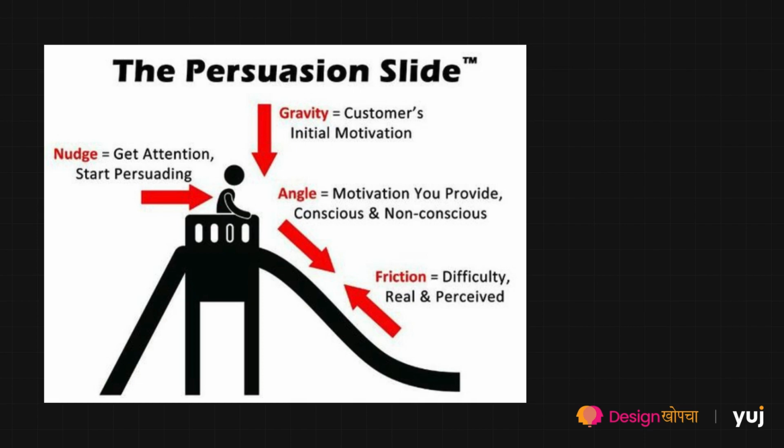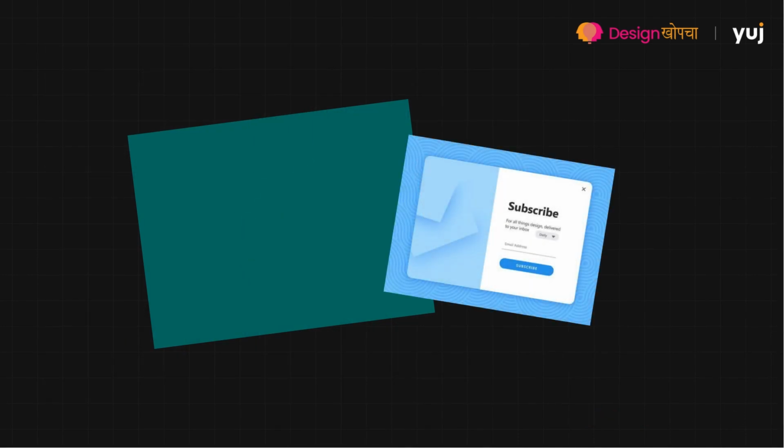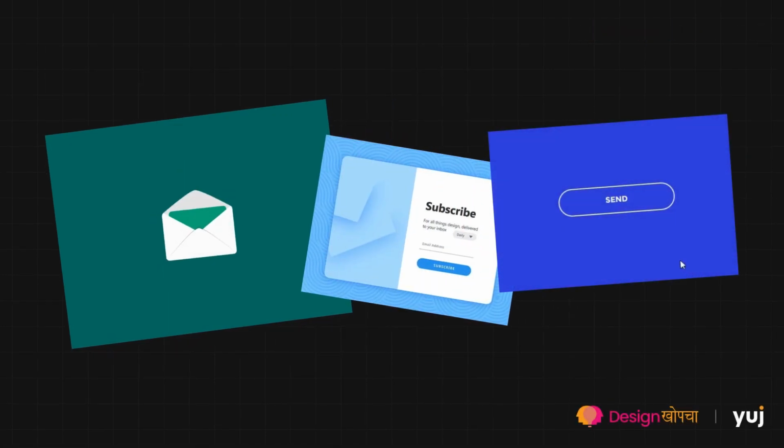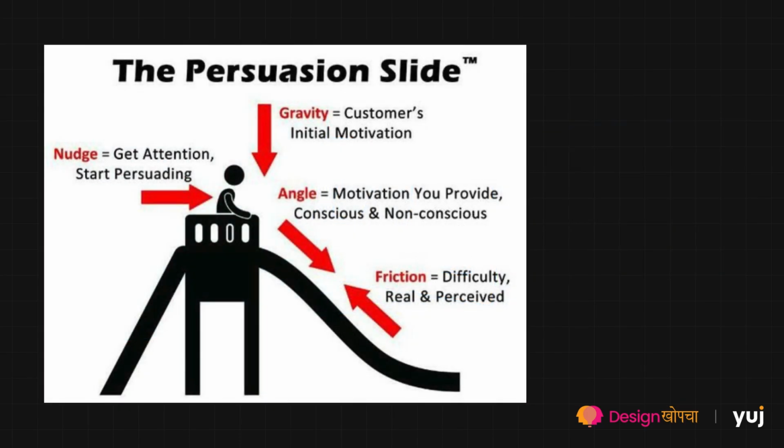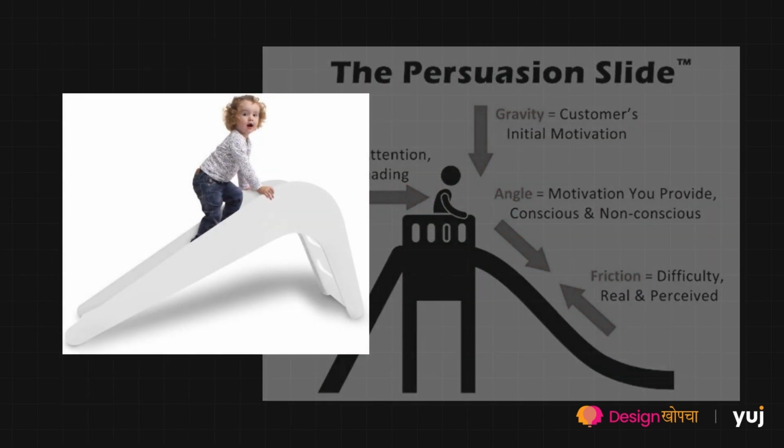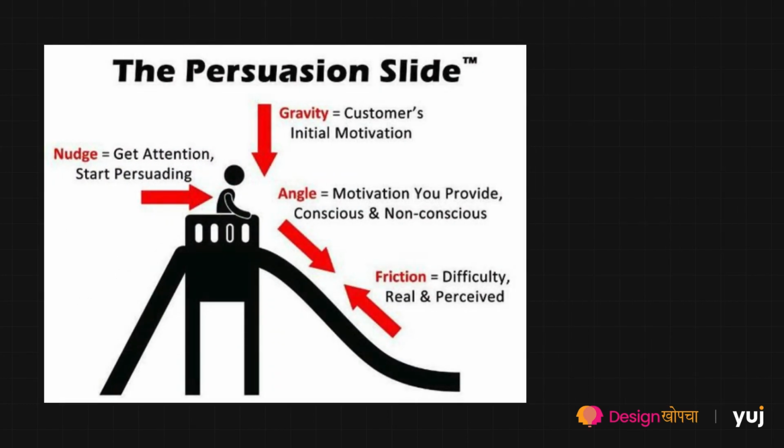A nudge can be an email or a button, or any call to action or any sign in a retail store. And angle is the motivation you provide. If that slope is not working within the gravity, if it's going upward, then of course you won't slide. It won't make sense, and it would create a lot of friction and make everything useless.